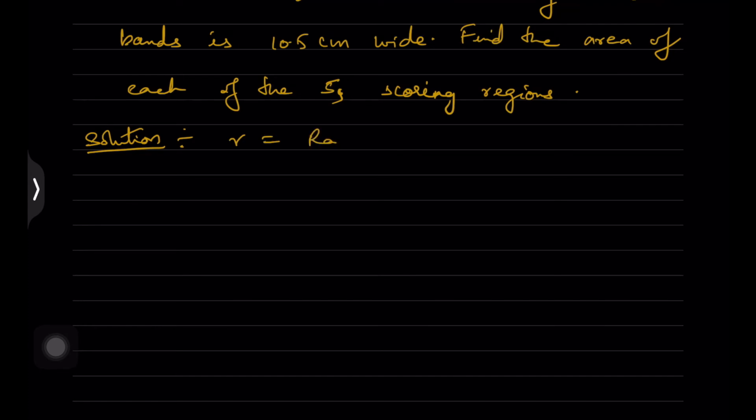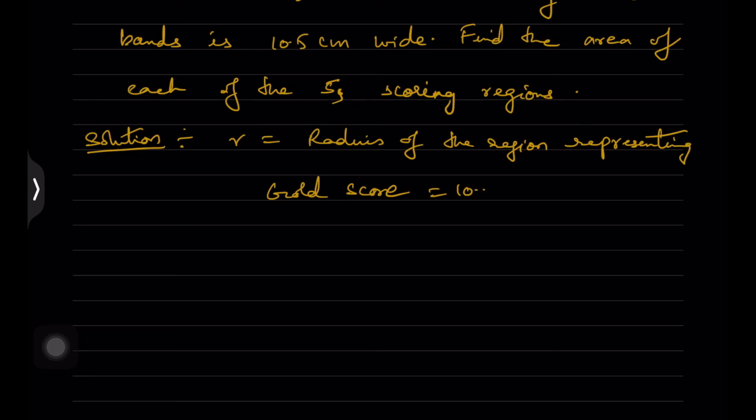Small r is equal to the radius of the region representing the gold score, which is equal to 10.5 centimeters.